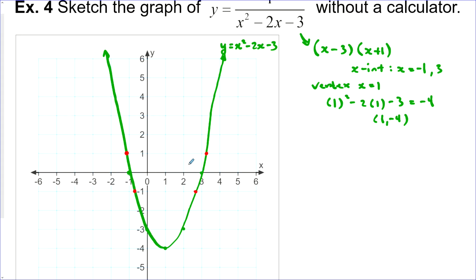So this one has 4 invariant points. Let's do our asymptotes. So our horizontal asymptote is always at y equals 0. And our vertical asymptote is where we had x-intercepts. In this case, we have them right here at x equals negative 1, and also at x equals 3. So we're going to have 3 asymptotes in this question.